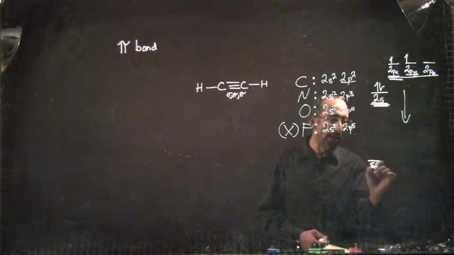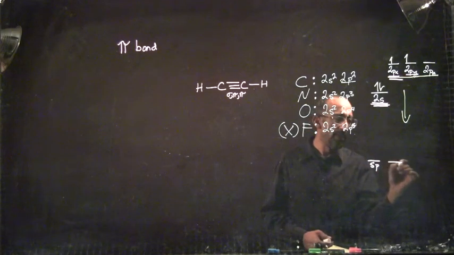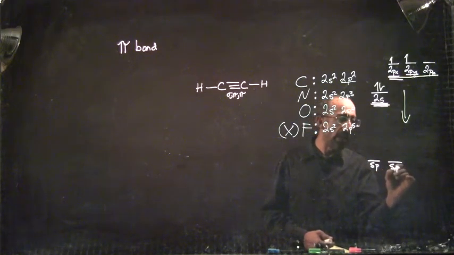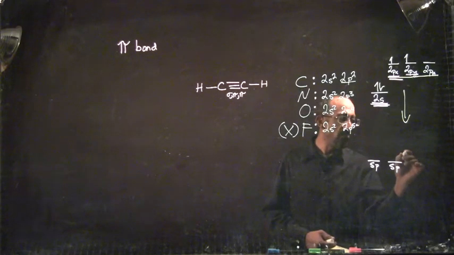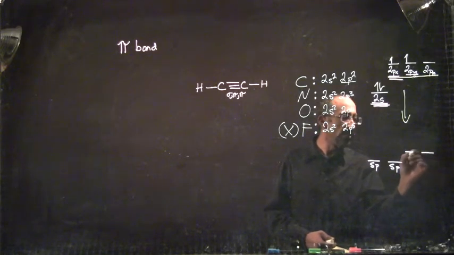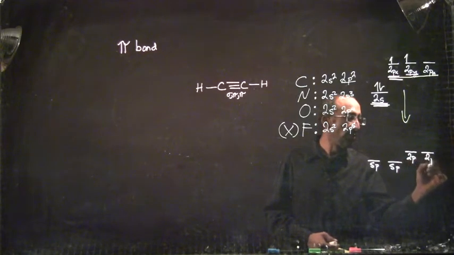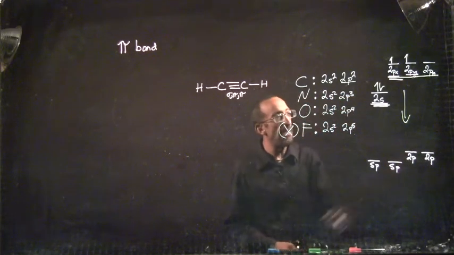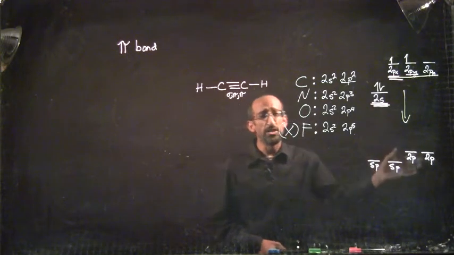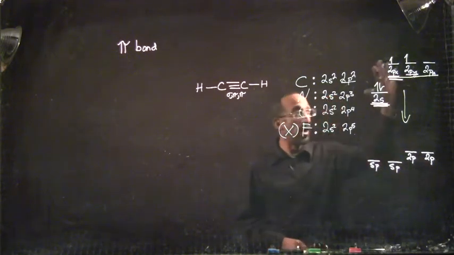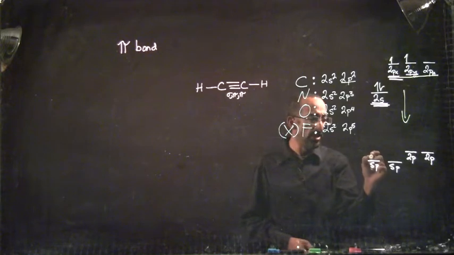So we have an sp hybrid orbital, a second sp hybrid orbital, and at slightly higher energy, we have our remaining 2p orbitals that are unhybridized. Again, we can redistribute our electrons in this configuration.